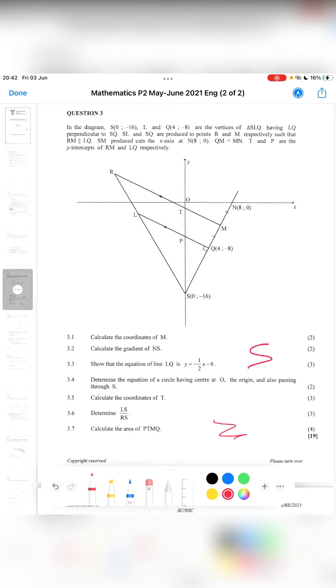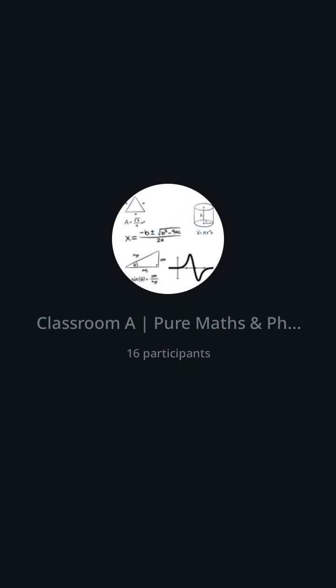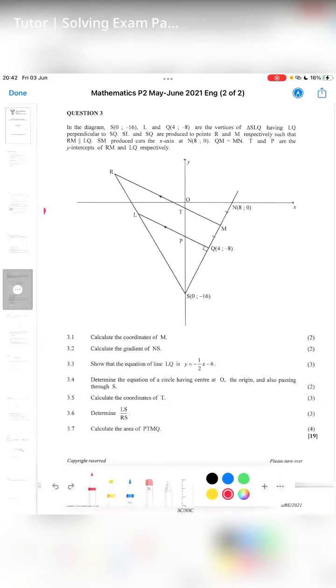Okay, I think now it's going to be improved. So here I'll talk about parallel lines. When you have parallel lines, the gradient of line 1 is equal to the gradient of line 2.